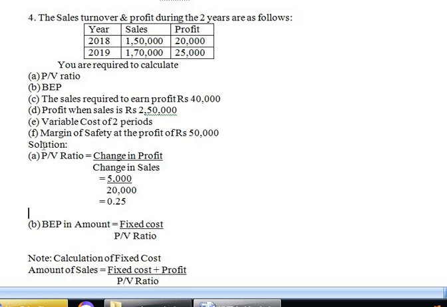Now the second point is we need to find out BEP. The formula to find BEP is fixed cost divided by PV ratio. But we don't know how much the fixed cost is. So first we will have one working note, that is calculation of fixed cost.